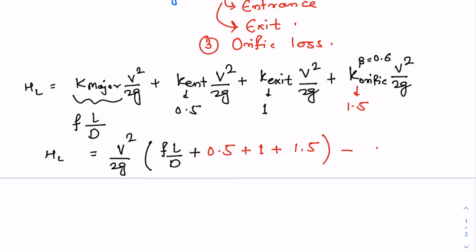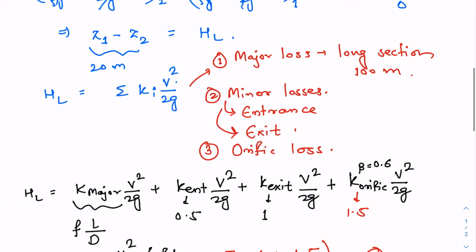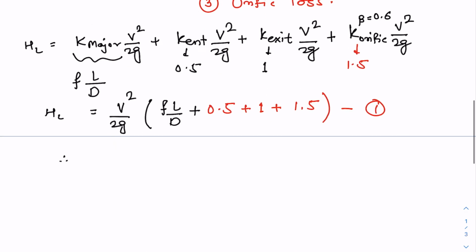So this is what the calculation gives us, and the head loss is equal to Z1 minus Z2, which is 20 meters. So V square by 2G times F L by D, where L by D is 100 divided by 0.05.